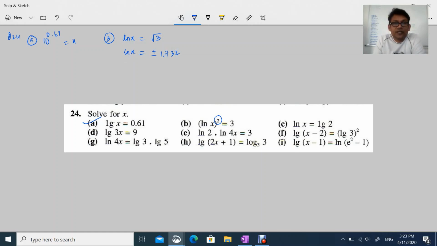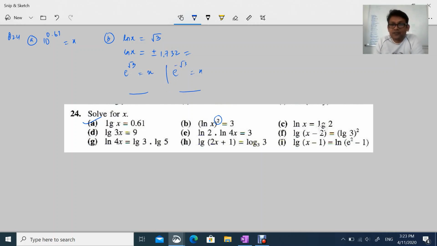So now e^(1 + root 3), it's up to you to use this or not, equals x, and e^(1 - root 3) = x, and please, you will have 2 answers there. You can use a calculator here.